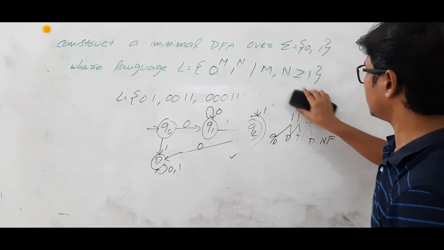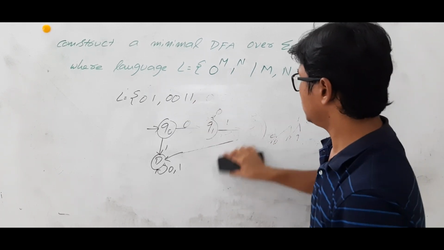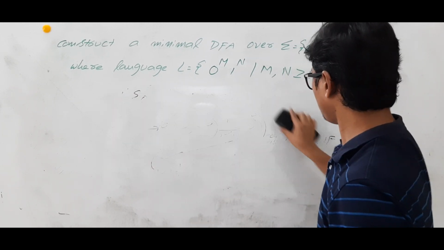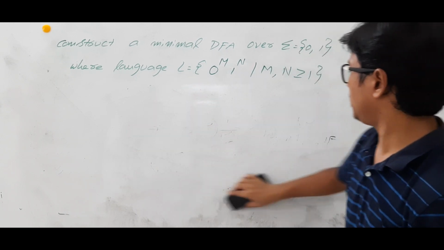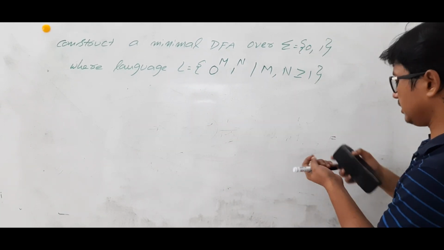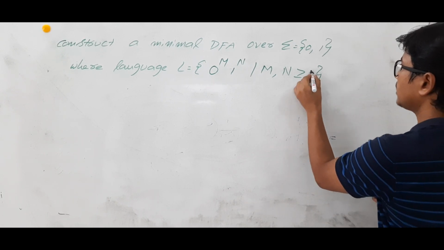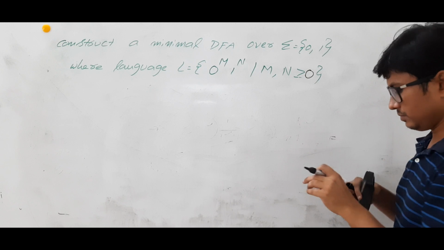Okay. Now for a change, let me change the question so that you can understand the concept in a better way. I will take the same alphabets. Instead of 1 here, I will take 0. It should be greater than or equal to 0. Is it clear?